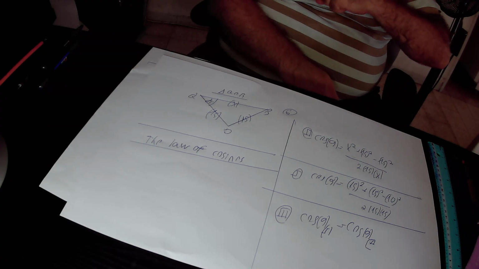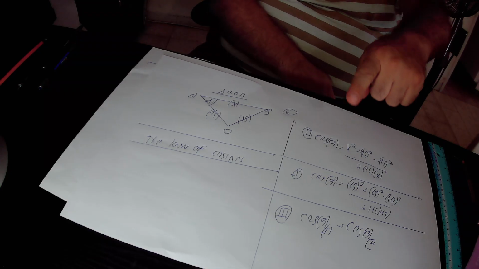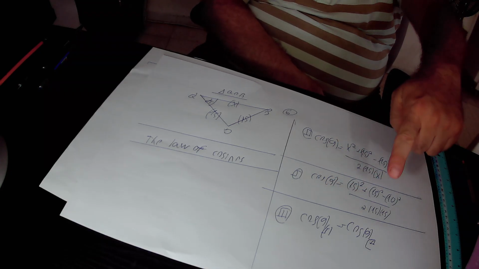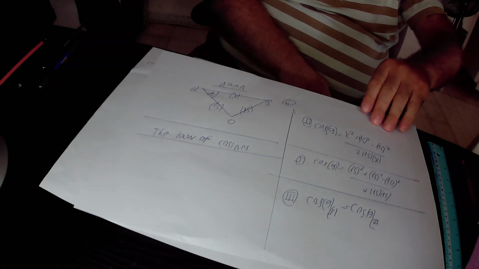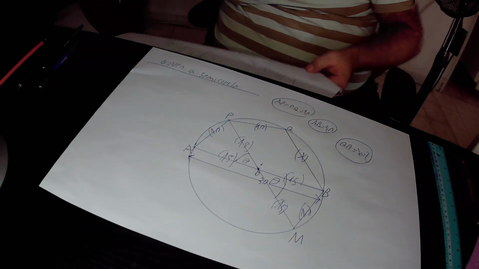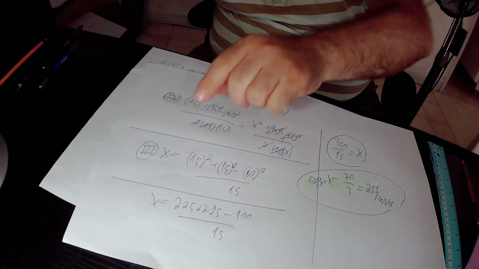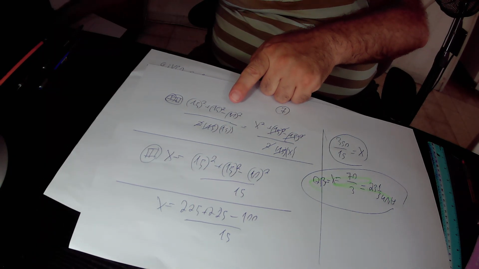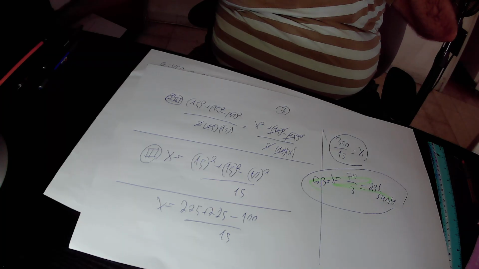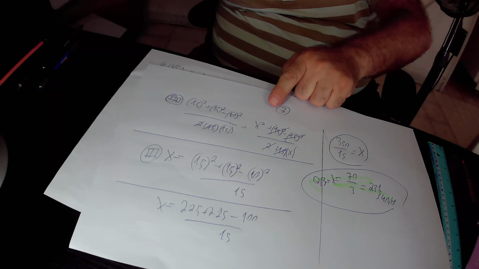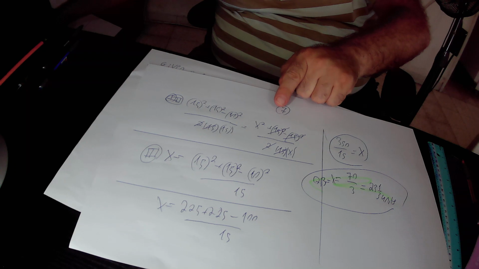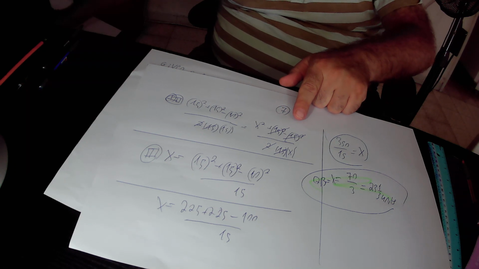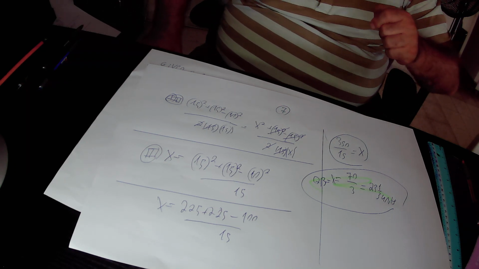In the next step, we added equation 3 that says that cosine alpha according to equation 1 must be equal to cosine alpha according to equation 2. So cosine alpha according to equation 1 is equal to 15 squared plus 15 squared minus 10 squared over 2 times 15 times 15. And it must be equal to cosine alpha according to equation 2, which equals x squared plus 15 squared minus 15 squared over 2 times 15 times x.